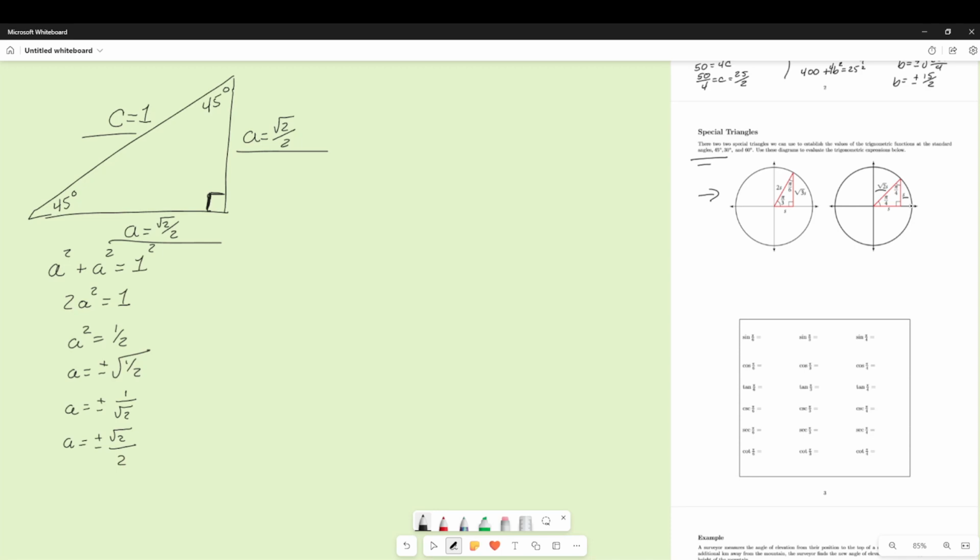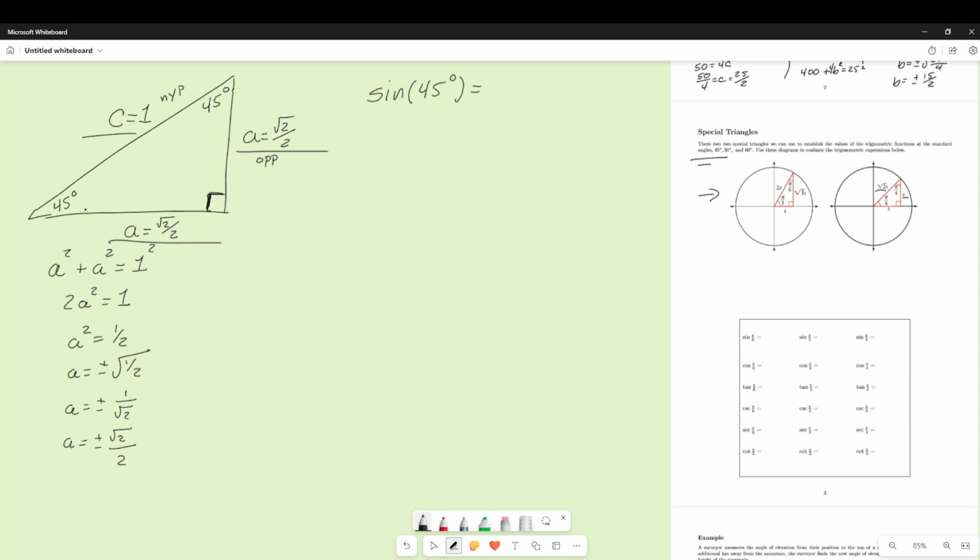And one of the reasons that this is handy is now if somebody comes up and says, hey, what is the sine of that 45-degree angle? Well, we know what the sine is. The sine is our opposite side in ratio to our hypotenuse.